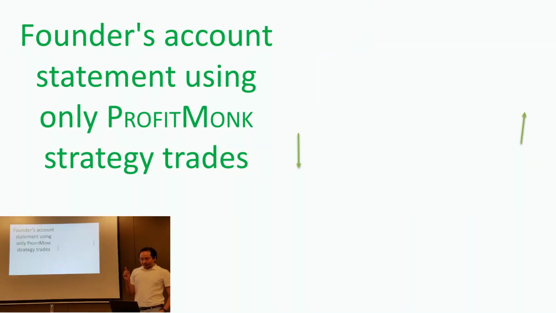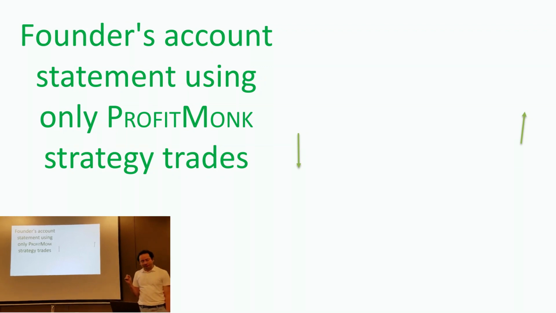Now I thought that it might make sense to show this for a small account, because depending upon how much money is in your account, you will use different strategies, and so I thought it will be most relevant if we pick a small account, and I built that account over the last 5 months. I think I opened this account just for this purpose on May 1st of this year.